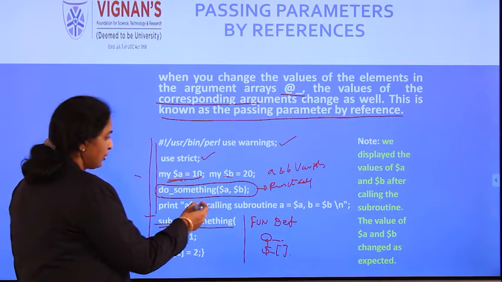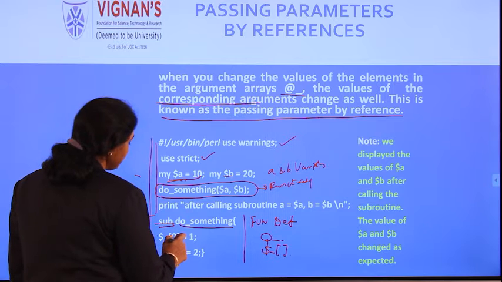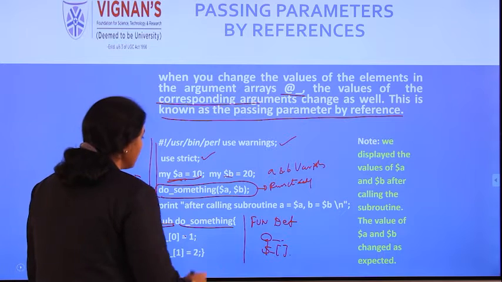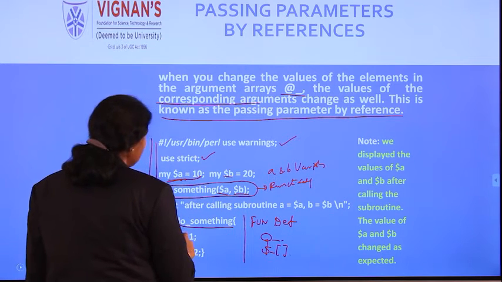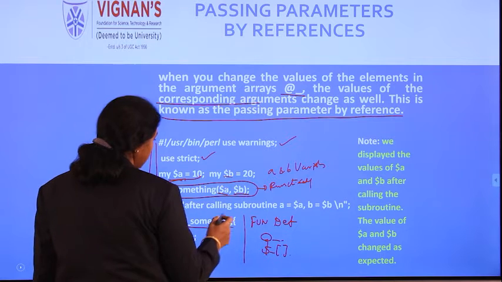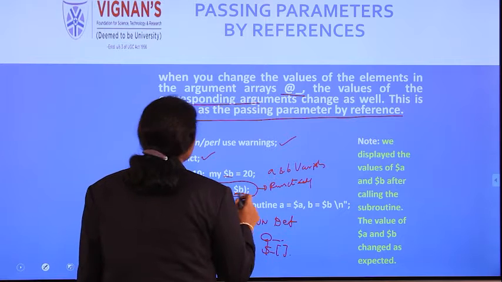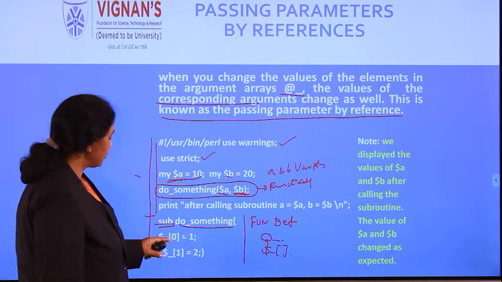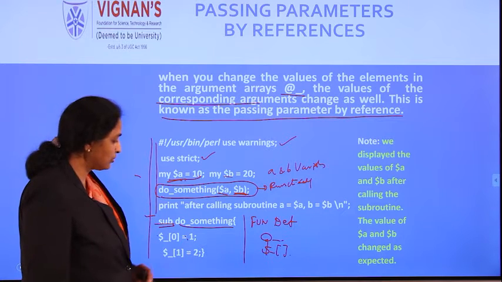So already you have passed the elements. Now see, $_[0] is equal to 1, $_[1] is equal to 2. You have passed two arguments: index 0 reflects the first argument, index 1 reflects the second argument. So $_[0] is equal to 1, $_[1] is equal to 2.